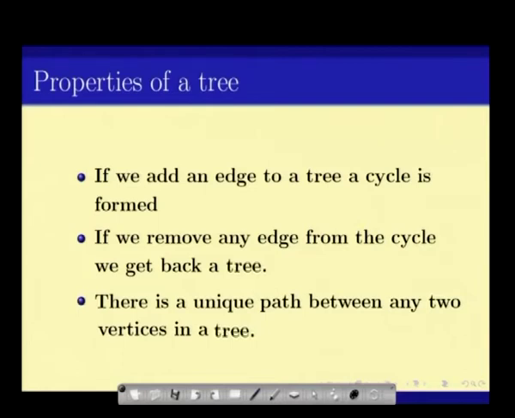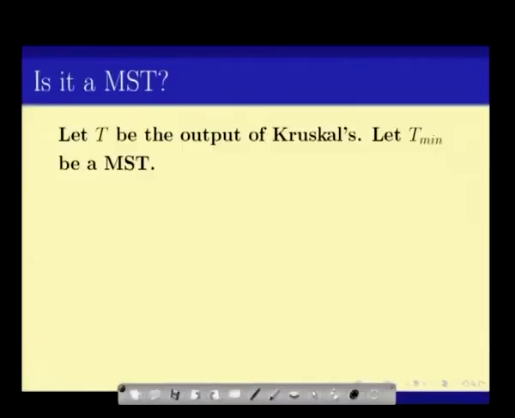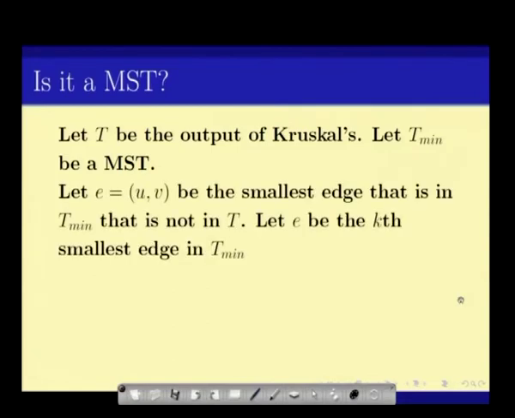So, using this, I will try to prove that Kruskal's algorithm does output a minimum spanning tree. Let T be the output of Kruskal's algorithm, and let T min be an MST, some minimum spanning tree. Let us order the edges in T min according to weights.